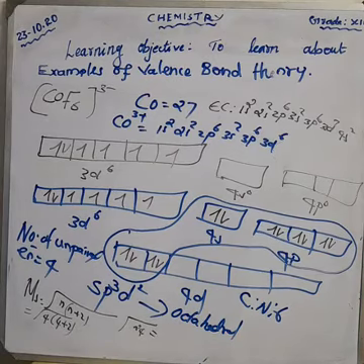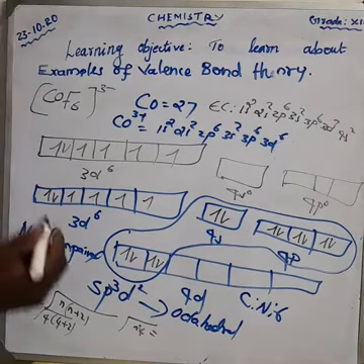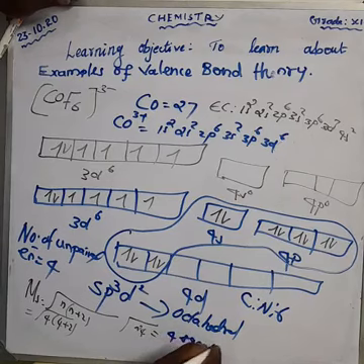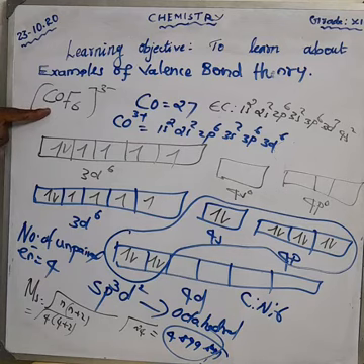So root of 24 is approximately equal to 4.8994 Bohr magnetons. This is the magnetic moment of this complex, CoF6.